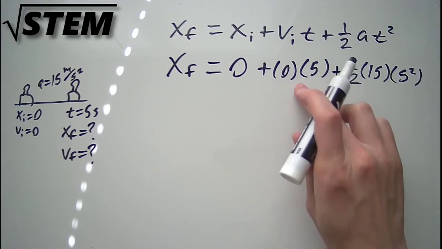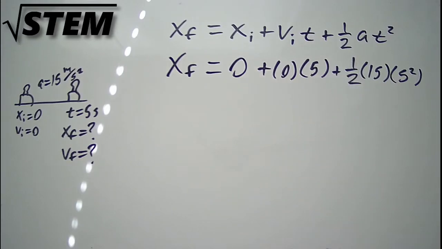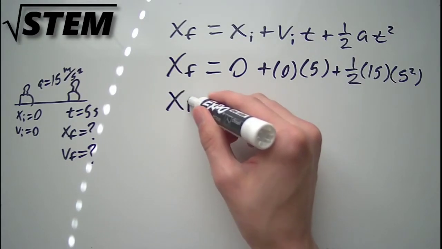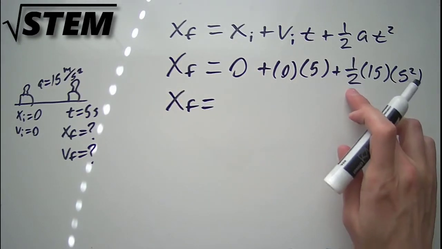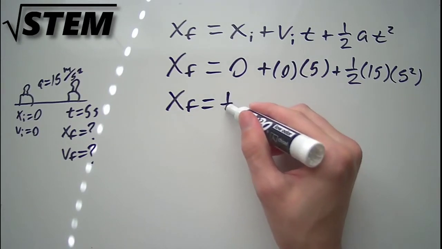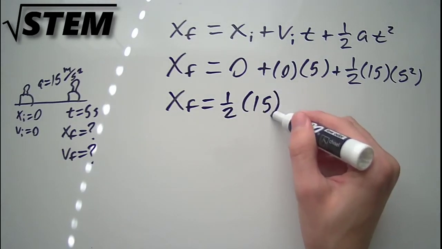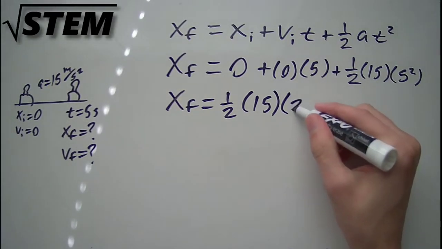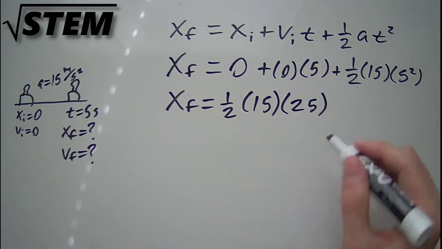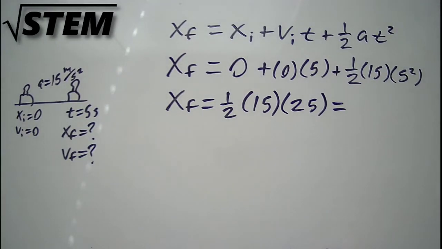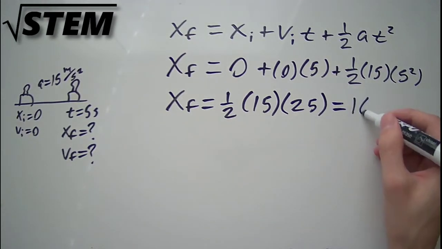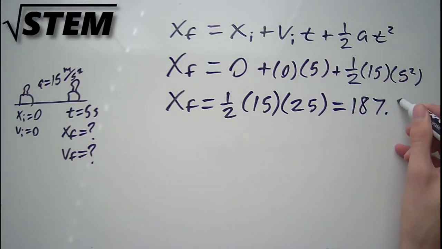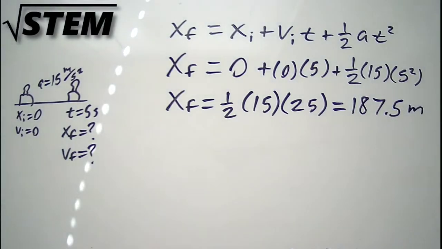So obviously, these two 0 terms are just going to vanish. So on our next line, all we're going to have left is this. So that's 1/2 of 15 times 5 squared, which is 25. So if we put that in our calculator, that comes out to 187.5 meters.